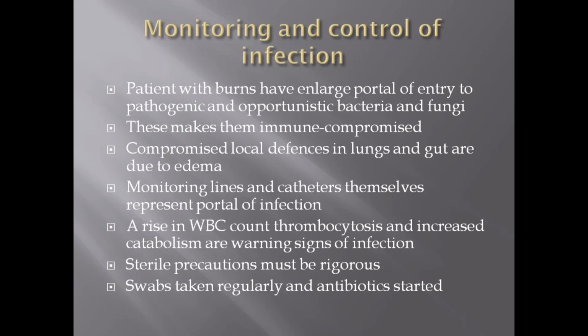So a rise in WBC count, thrombocytosis, and increased catabolism are warning signs of infection. So we have to send these investigations either daily or alternate day. Sterile precautions must be rigorous. Swabs are taken regularly and antibiotics should be started as soon as the patient gets admitted. And culture sensitivity should be sent from the wound.